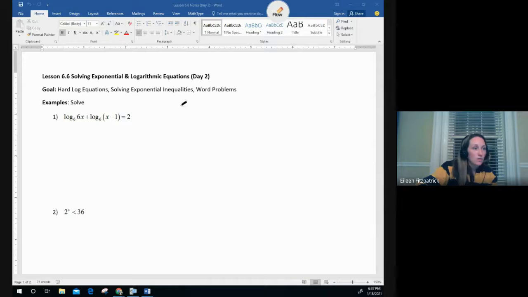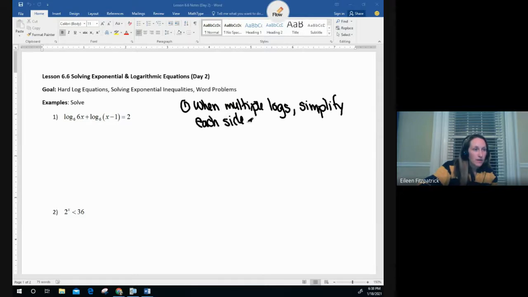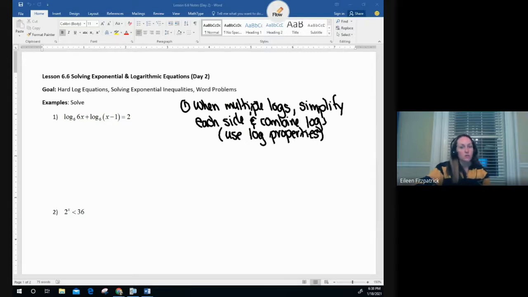Okay. So my notes for you are: when multiple logs, you want to simplify each side and combine logs, use log properties. So we're going to be condensing, right? Remember addition pairs with multiplication, subtraction pairs with division.